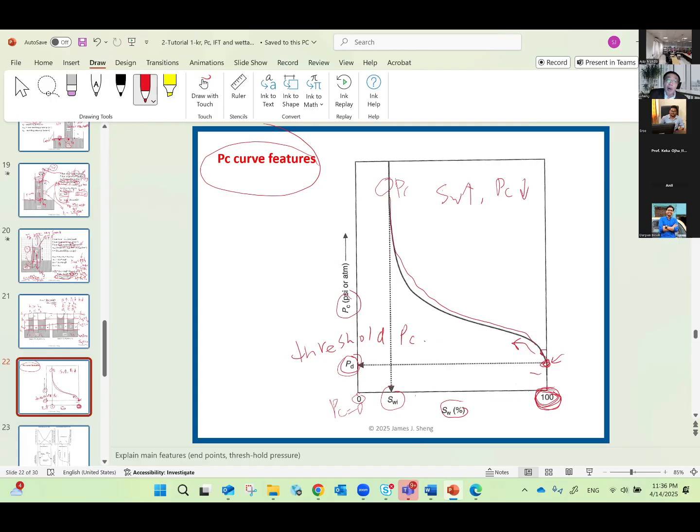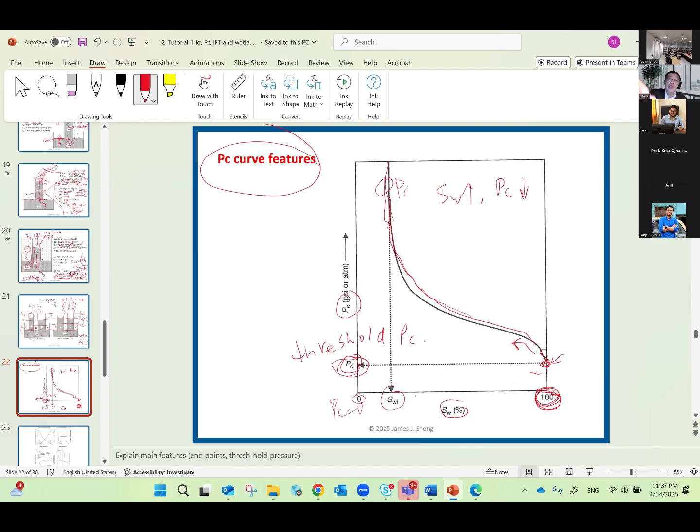So in other words, for oil to come into the reservoir, it must overcome a small or minimum capillary pressure, or threshold pressure, so that oil can come into the reservoir. Then you need more and more pressure, and up to here the water cannot reduce anymore.